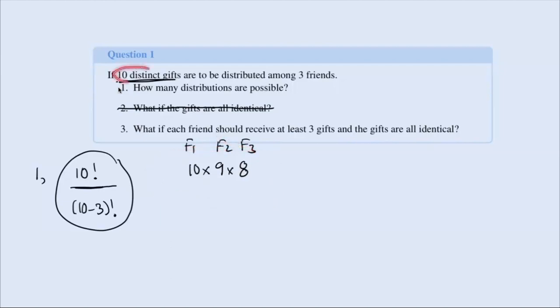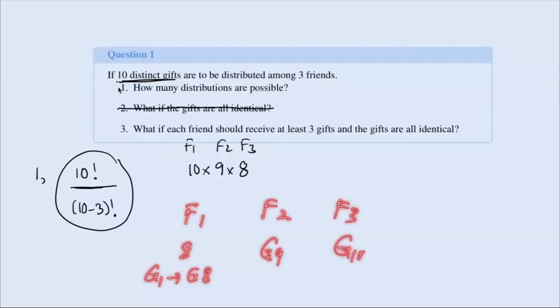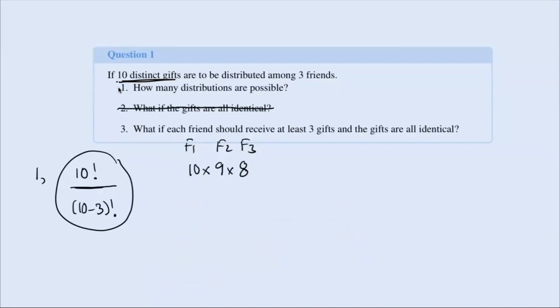But we want to distribute all 10 distinct gifts. For example, you can give friend 1 8 gifts, and you give friend 2 gift 9, and give friend 3 gift 10. So that is one possible way to distribute. If we count all possible ways to distribute, then how many would we get?